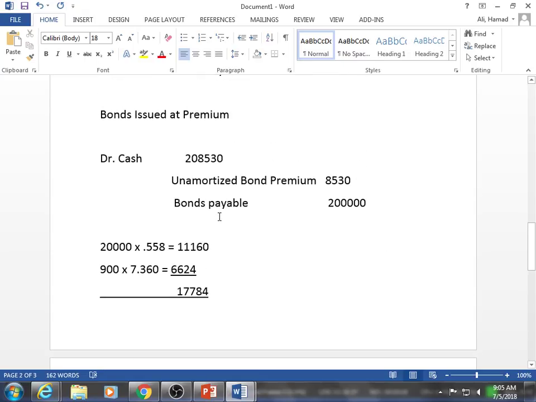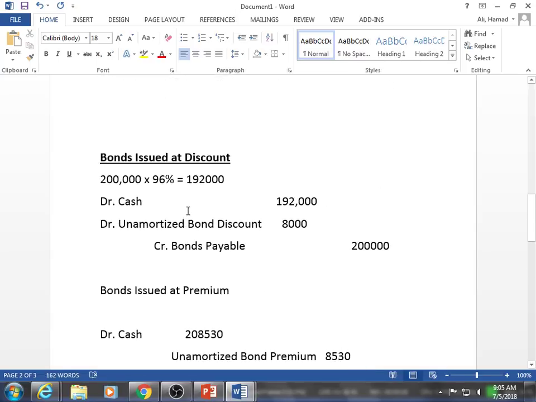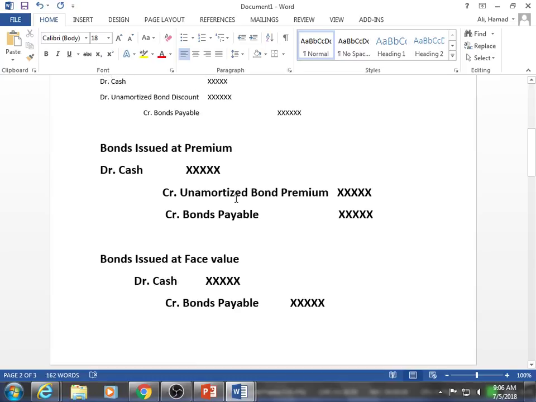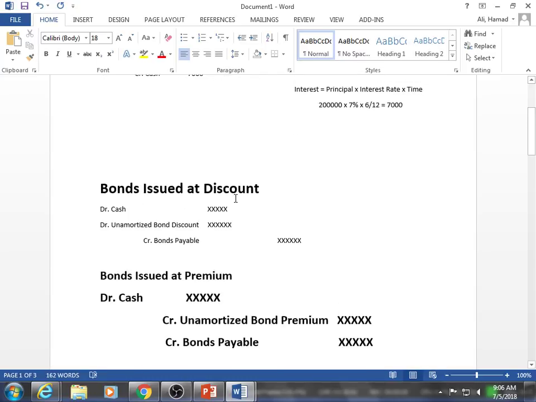Going back, what was the stated interest rate originally in our example?